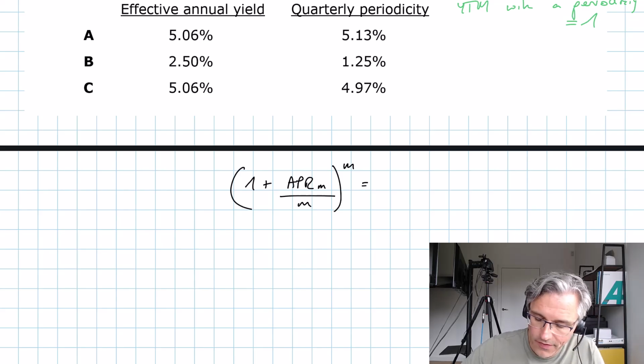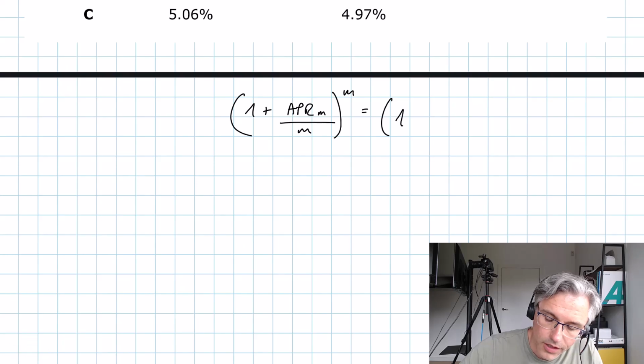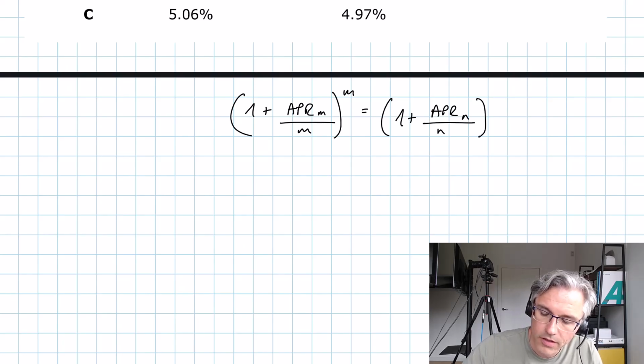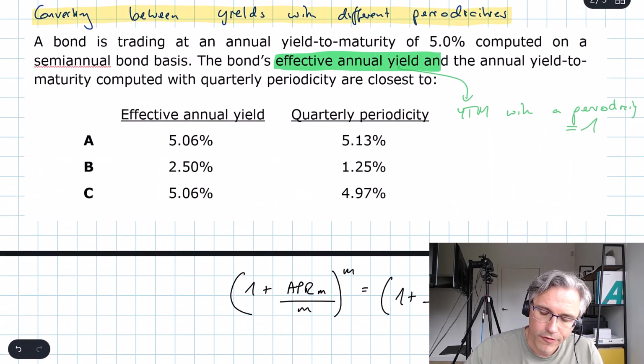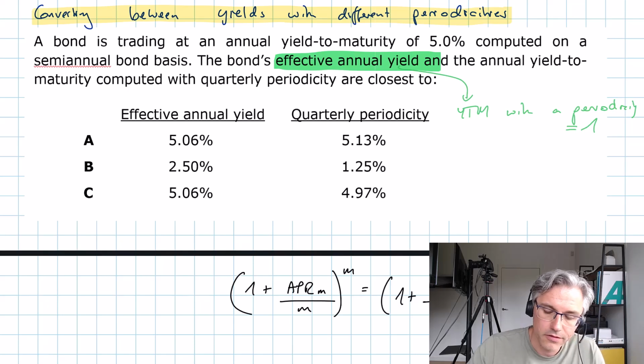I know it sounds elaborate and difficult, but it's not. It equals 1 plus the APR, not the same APR, computed with another periodicity, divided by that frequency, to the power of n.